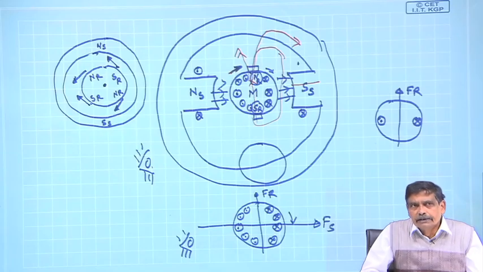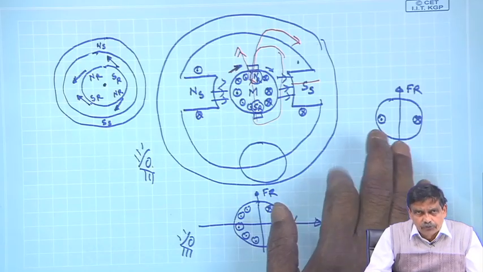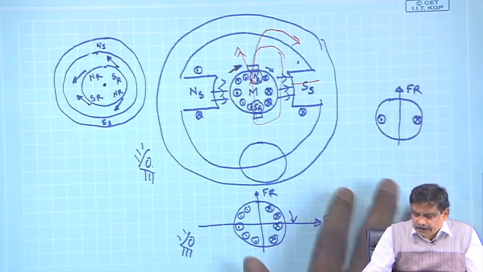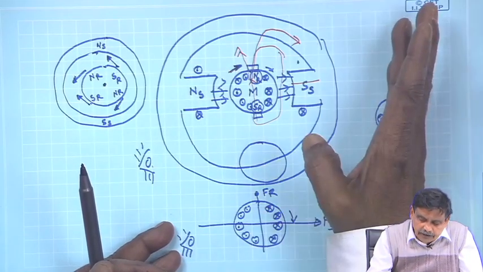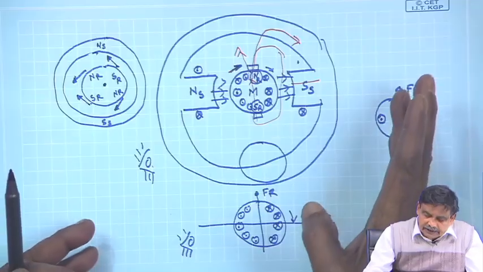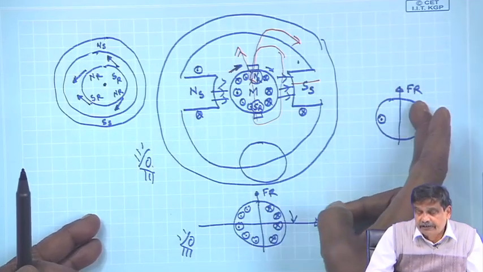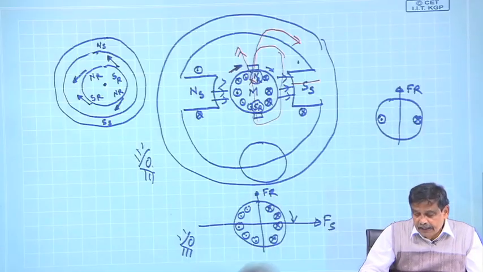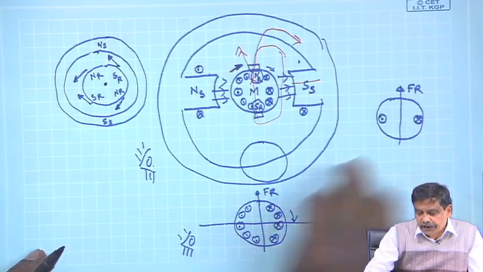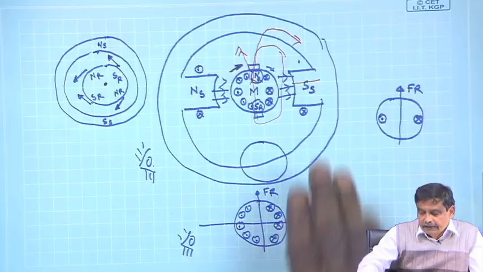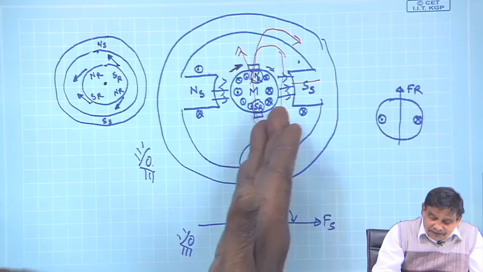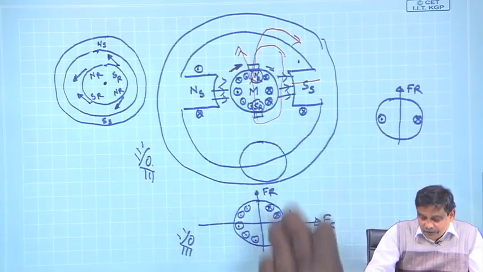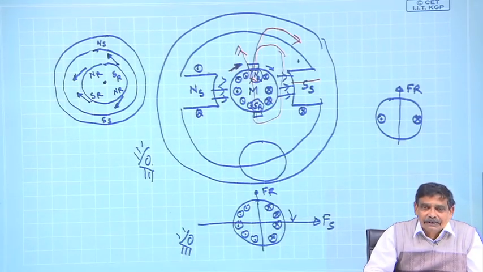So, the most interesting thing is that this type of thinking is the most fundamental. A single coil without any commutator segment or brush, you excite it with current, and in space a field will be created, and this field will remain stationary so long as this structure is stationary. Now, suppose I give a push to it, and it starts rotating this way, then the field FR2 will go on rotating. That is why whoever suggested this way of constructing a machine like a DC machine, it is a marvel.